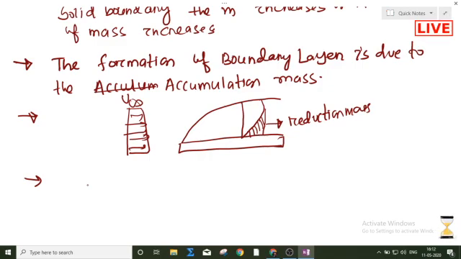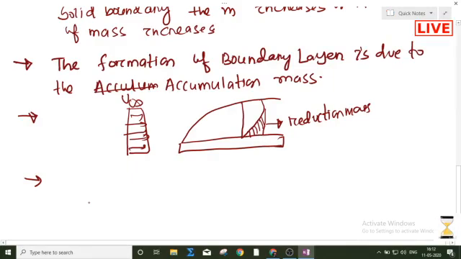So I am going to say what the displacement thickness exactly is. It is the rate of mass which has been reduced due to the formation of the boundary layer. Due to the formation of the boundary layer, there is a reduction in mass flow rate.